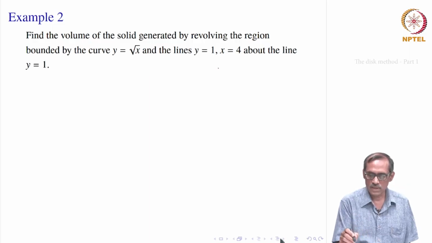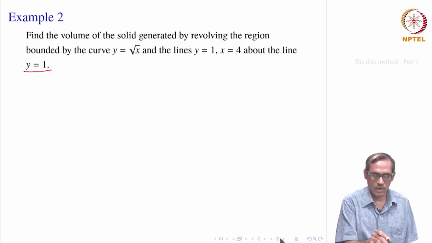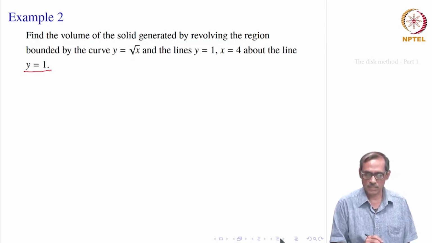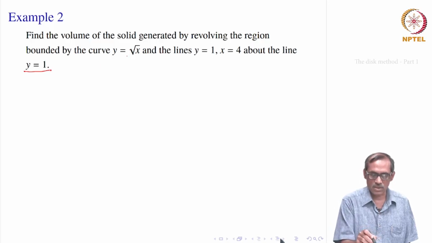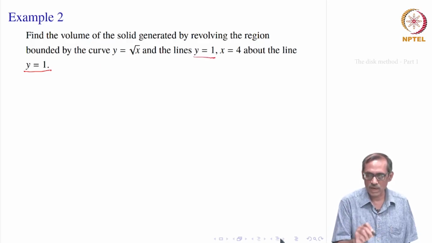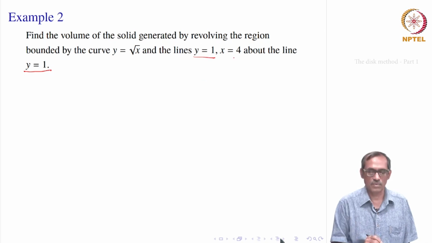It is bounded by the lines y equal to 1, x equal to 4, and revolved about the line y equal to 1. So, that means we are not revolving it around the x axis, we are revolving it around the line y equal to 1. Okay. And the region is bounded by this curve, the line y equal to 1 and x equal to 4.